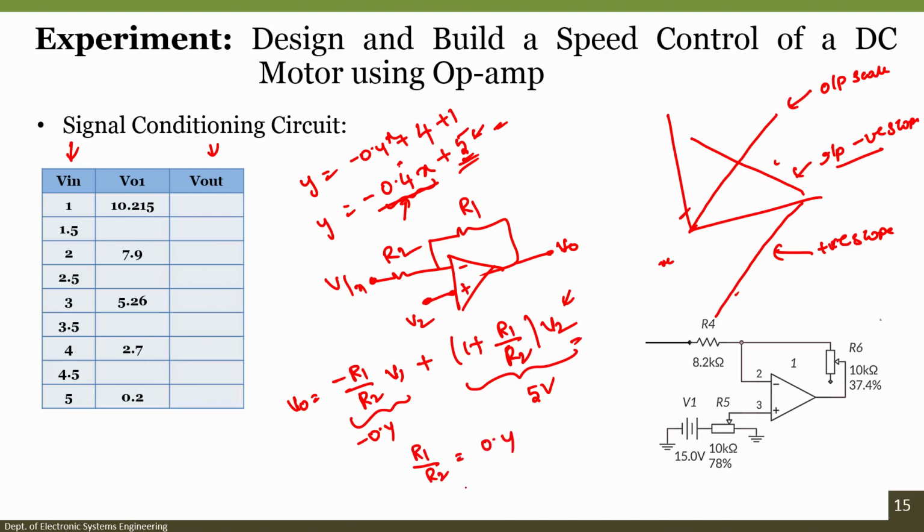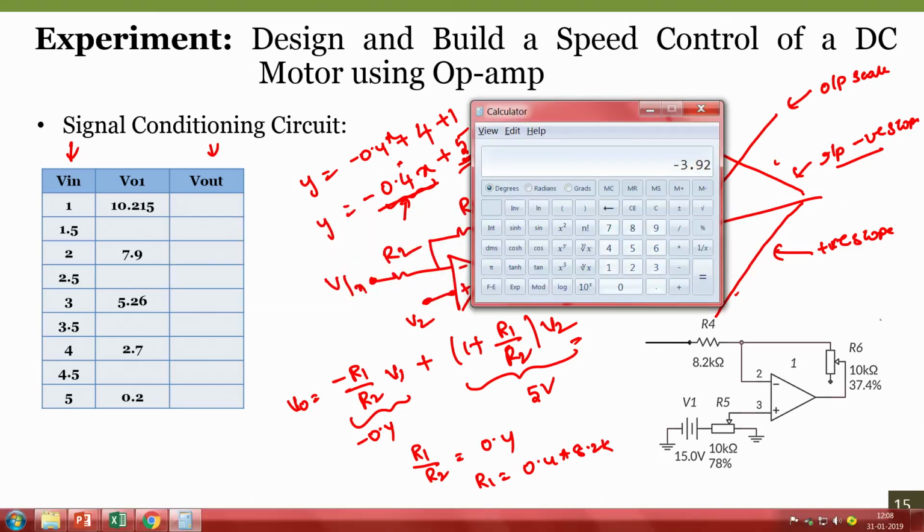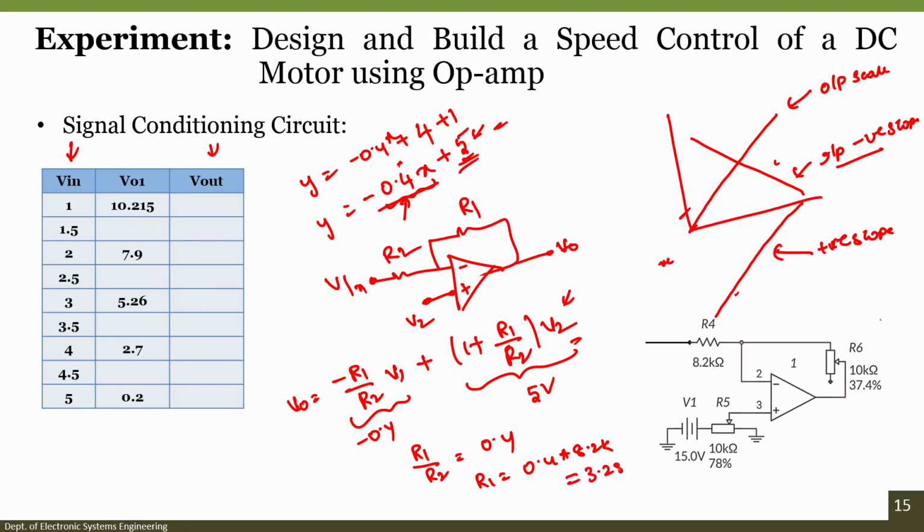If I take R2 as 10 kilo, in this case we have taken somewhere around 8.2 K. So, R1 is equal to 0.4 into 8.2 K, which gives somewhere around 3.28 K. Since we do not get a 3.28 K resistor commercially in the market, we used a pot of 10 kilo ohms resistance. By varying the pot we can change the gain at this point.